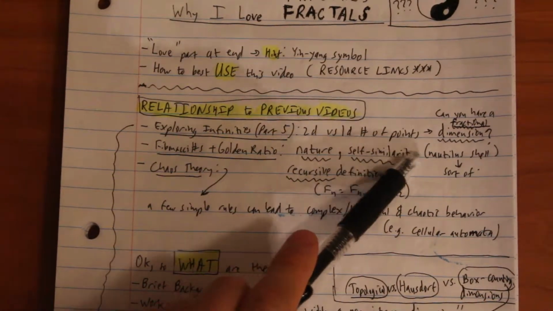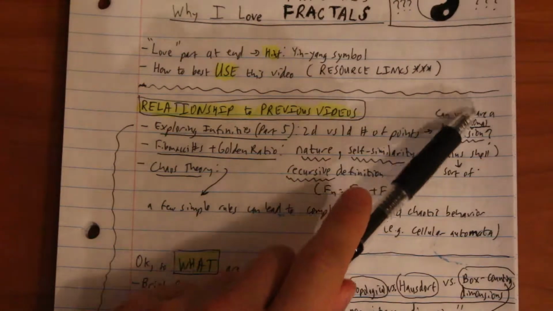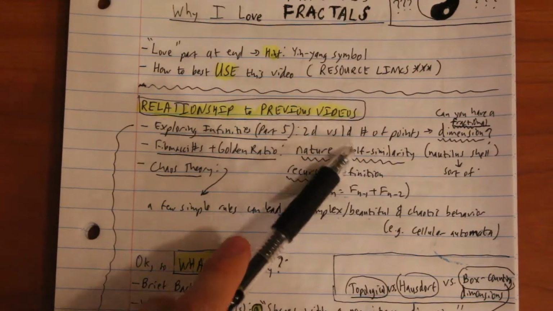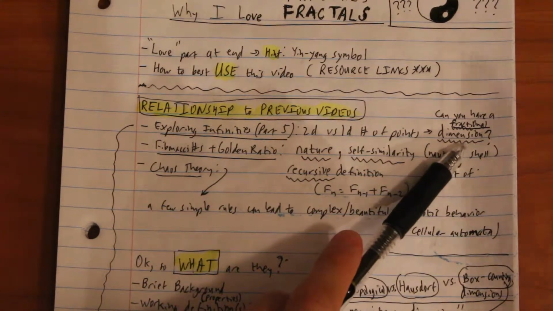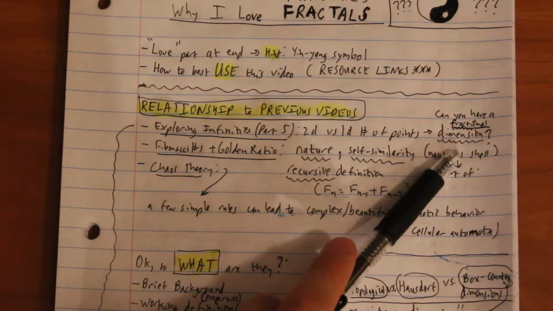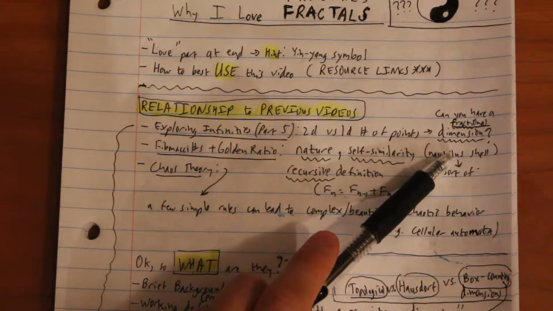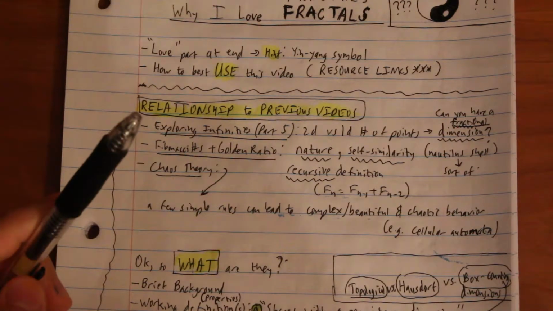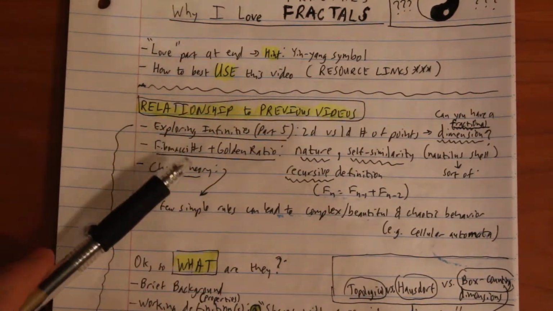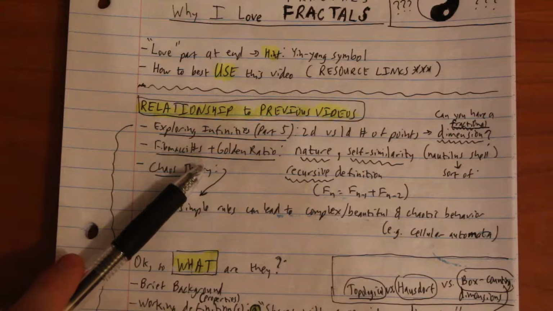So that might lead you to think about, can you have a fractional number of dimensions in between 1D and 2D, since these are kind of blended? And that's very much at the heart of fractals. And so in fact, fractals get their name from fractional. So fractal, dimension, fractional, that all has to do with where fractal comes from. So we'll get into that in a second a little more.